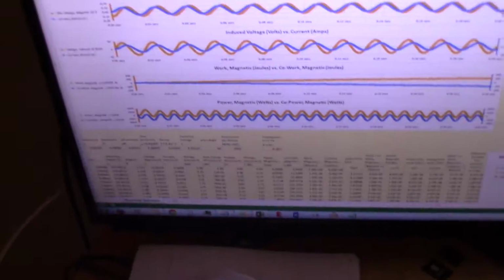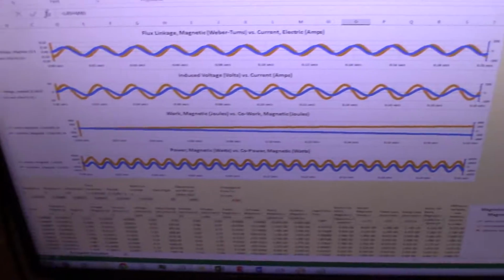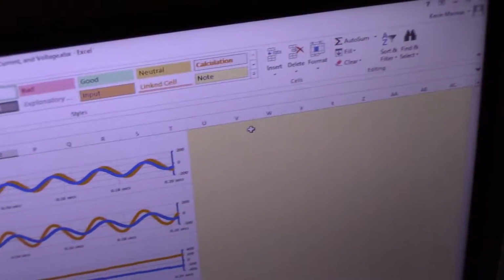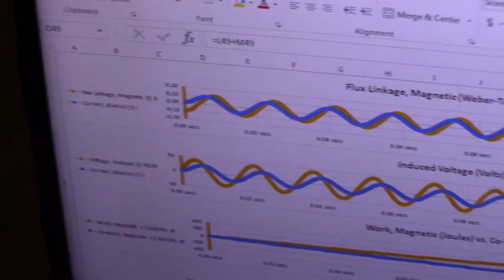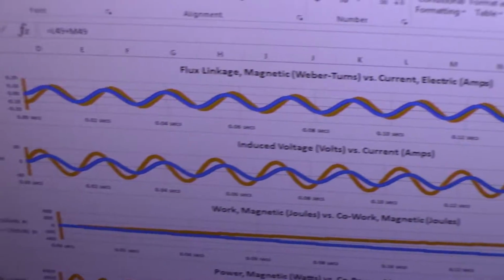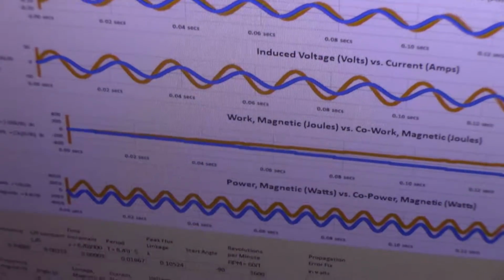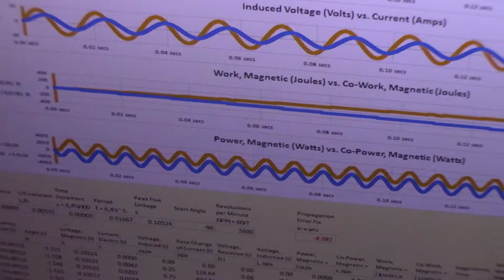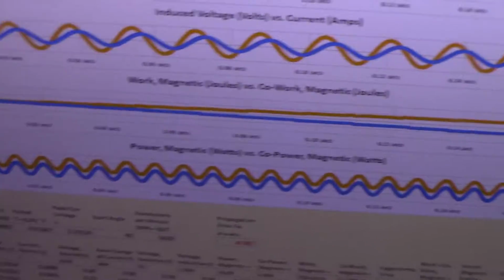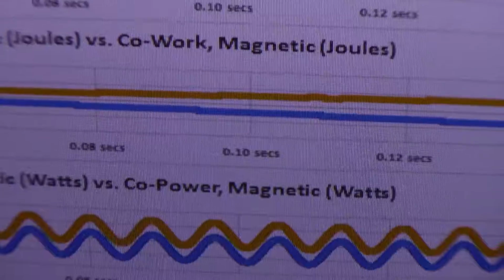This is something I just did a few days ago. You can see my name. Anyway, flux linkage, magnetic flux linkage, reduced voltage, currents, work and power. These are related to the co-energy.